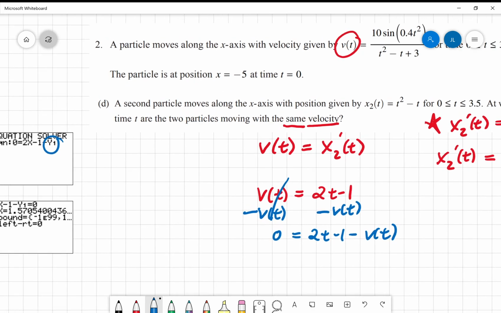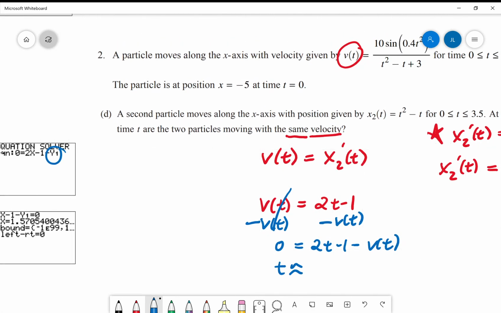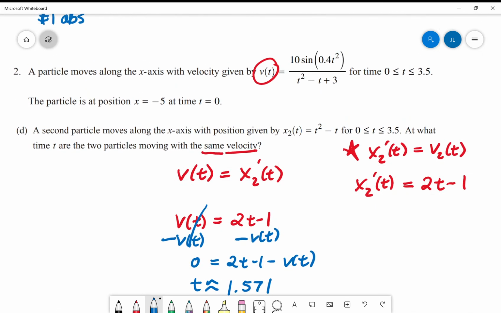And once we solve for t, the calculator will hopefully return to us 1.571 rounded to 3 decimal places. That would be the time at which the two particles are moving with the same velocity. And that is all for question number 2 from the 2018 AP Calculus free response.